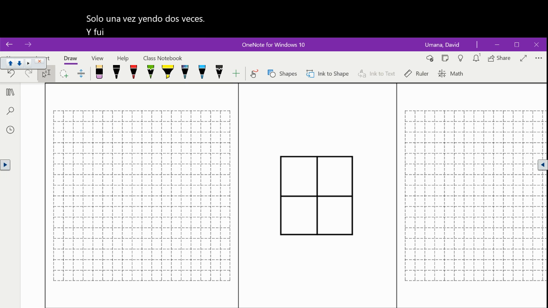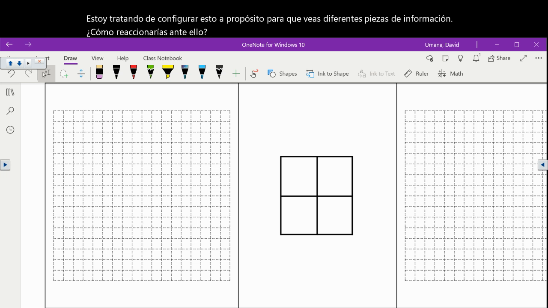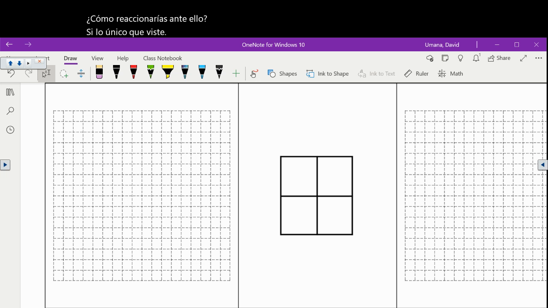And the question is this. I'm trying to set these up on purpose so that you see different pieces of information. How would you react to it if the only thing you saw was this?